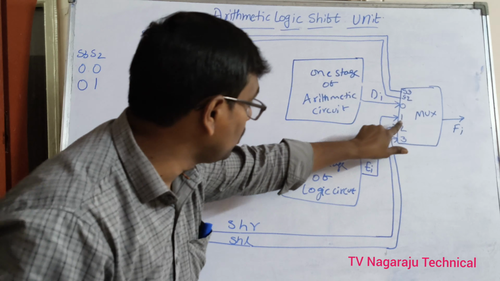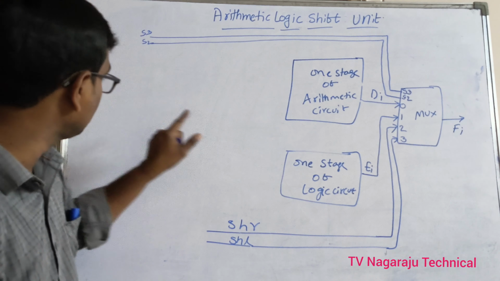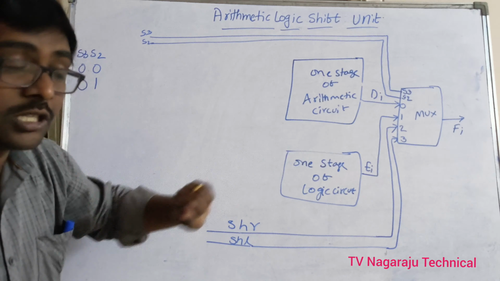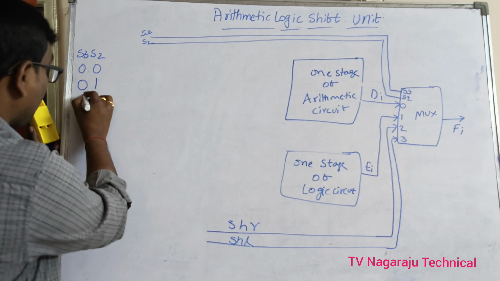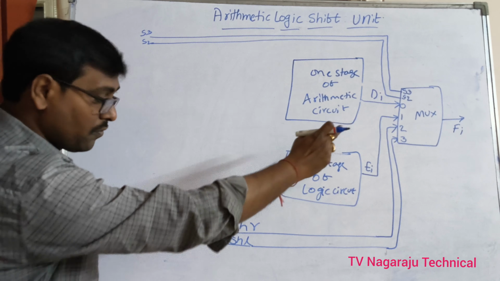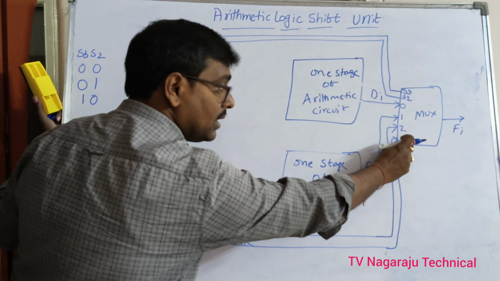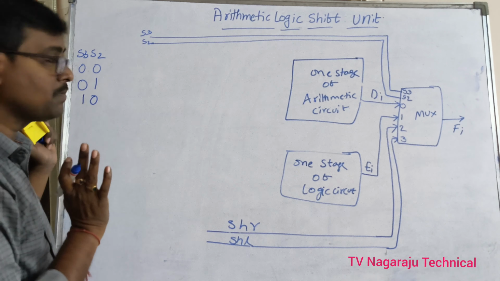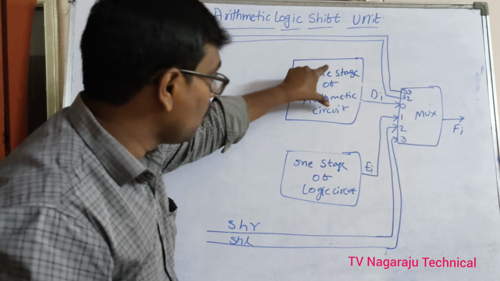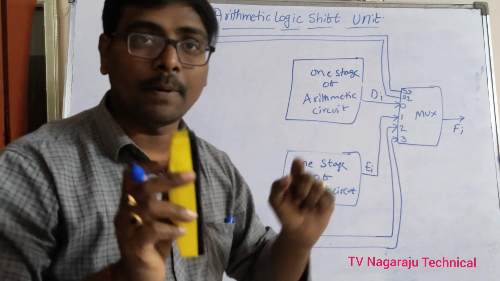For the 1 input, we are connecting logic, so logic operation is performed. If the value is 1, 0, shift right operation is performed. If the value is 1, 1, that is 3, shift left operation is performed. Clear? Based on S3 and S2, we are selecting the type of operation.